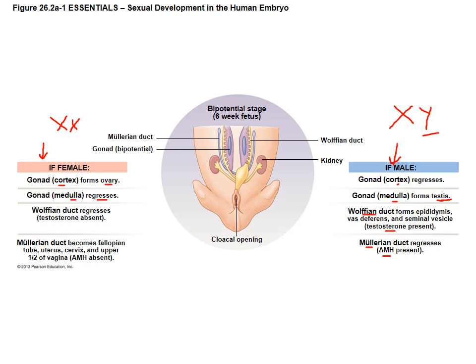And because no testes develop, there's no testosterone being produced, and also no anti-Müllerian hormone, which means that the Wolffian ducts will regress and the Müllerian ducts will develop into the female accessory structures and internal genitalia.